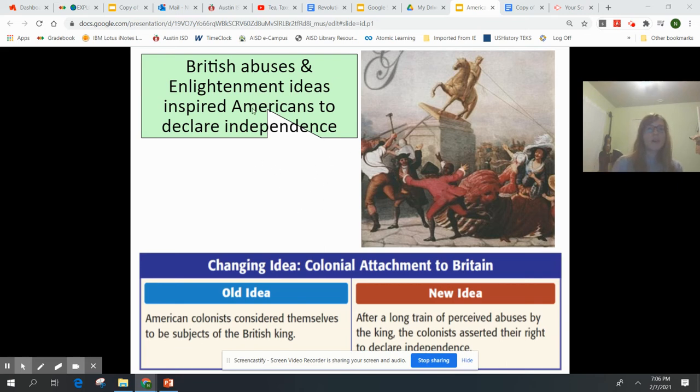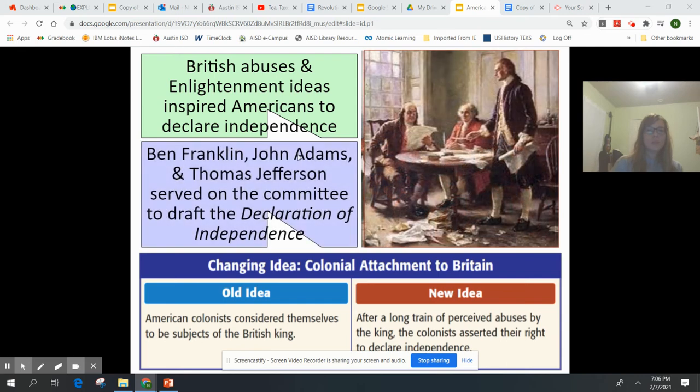And so these British abuses and really kind of the denial of the colonists' rights as British subjects is going to lead them to draft the Declaration of Independence. And so this is going to be a change in the way people think about governments. And it's also going to be a change in the way the colonists view themselves.